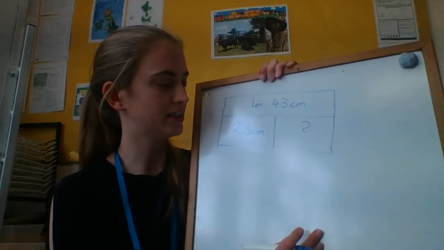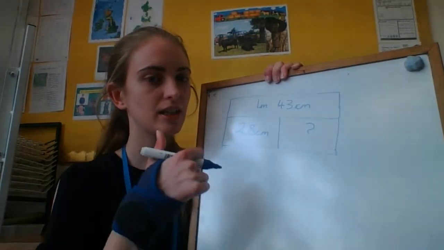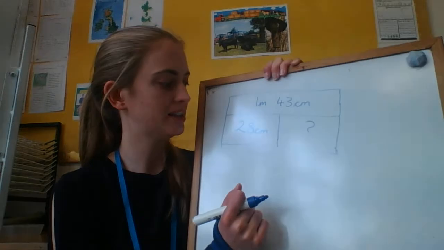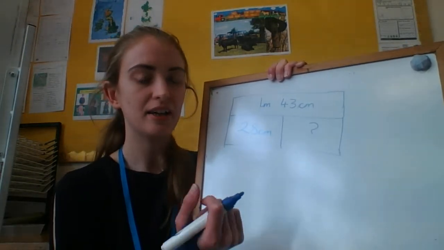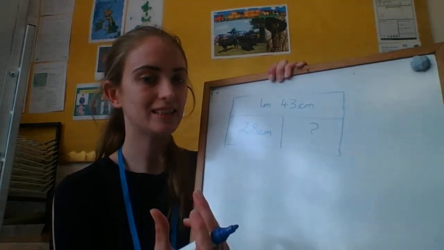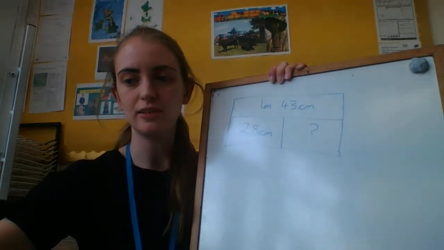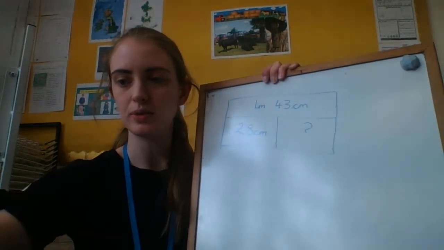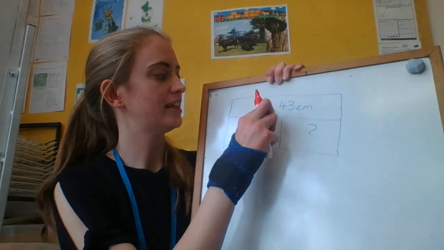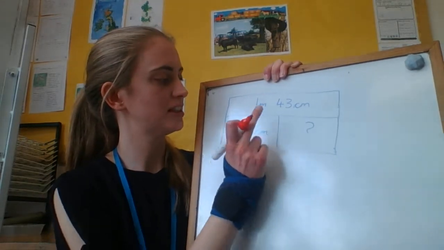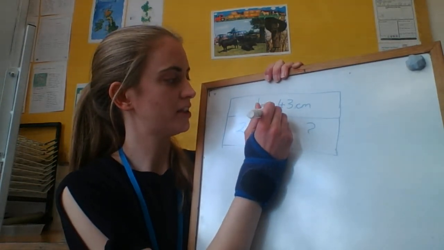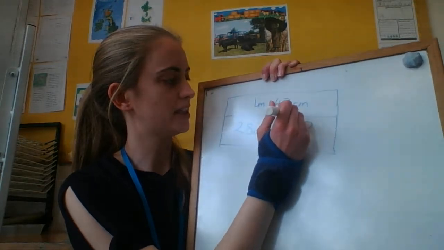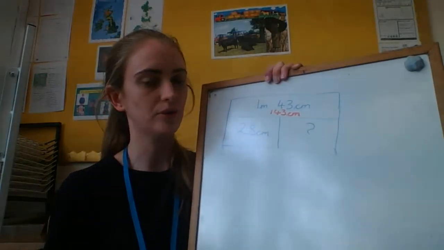And to find that answer, I first need to put all of these in the same units, and I am going to put them in centimetres. So I am going to turn this one here into centimetres. That's already just in centimetres. This one is 143 centimetres. So I've done step 1.